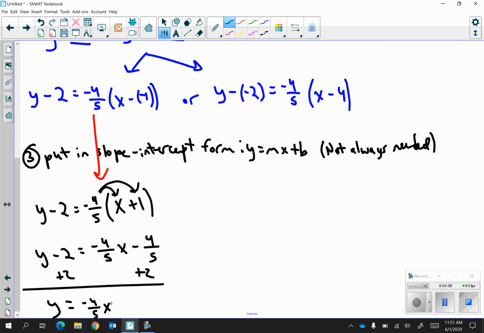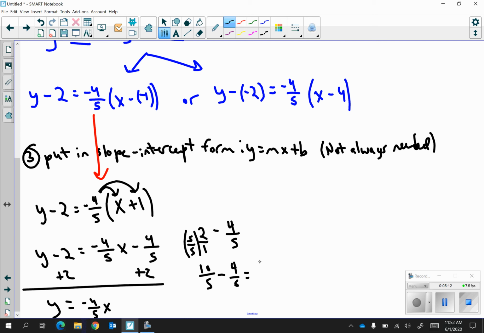If you're having trouble doing this and you want to try doing it without a calculator, which you definitely should, if you have 2 minus 4/5, which is the same as negative 4/5 plus 2, you're going to want to change the 2. Right now it's really a 2 over 1. You're going to want to change it so that it has the same denominator of 5. So you're going to multiply it by 5 over 5 to get the same denominator. That's going to become 10 over 5, which is 2 if you reduce it.